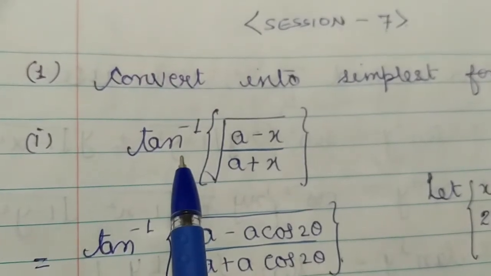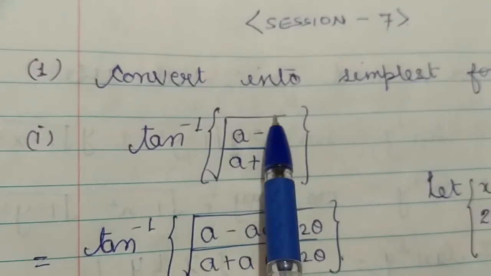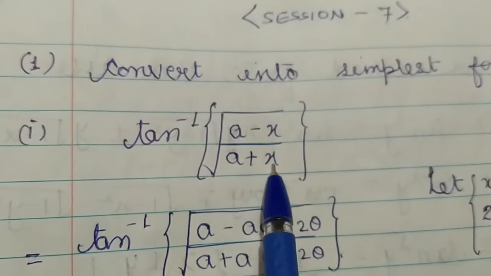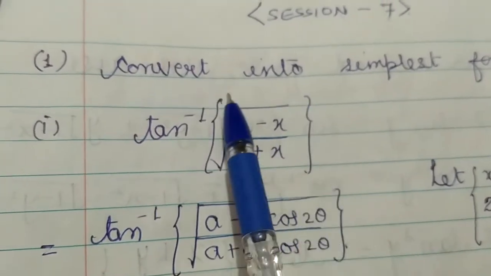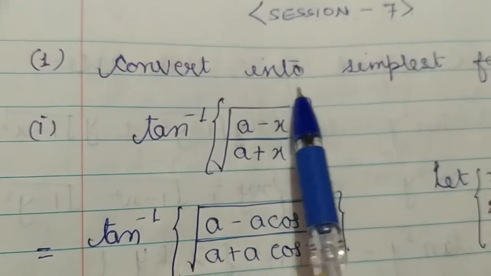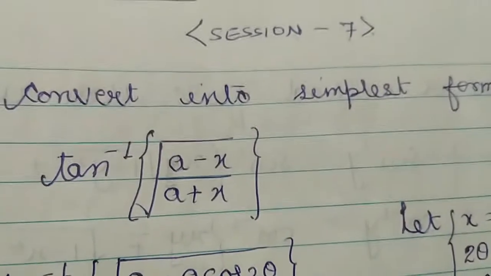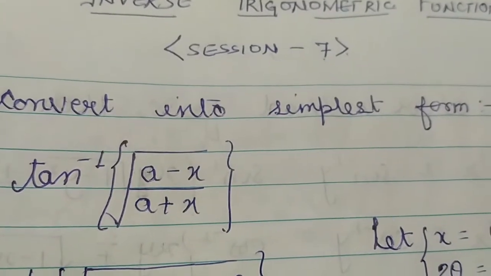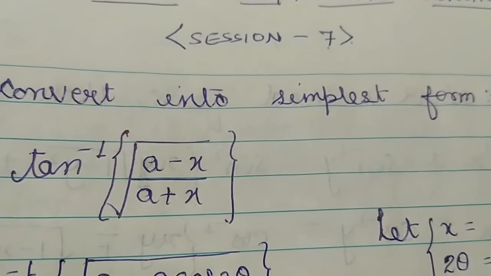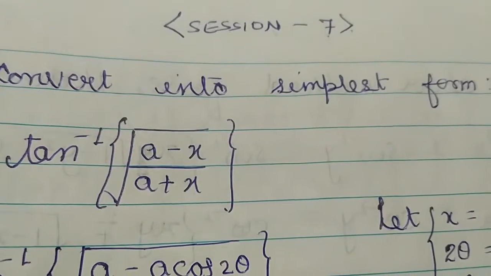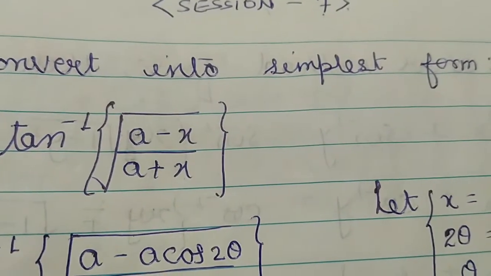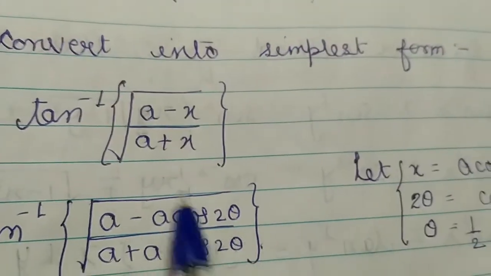We are given the term tan inverse root of (a minus x) upon (a plus x). Here is a term with a square root, and we already discussed in session 6 of inverse trigonometric functions that if there is a square root, then we have some particular substitutions.